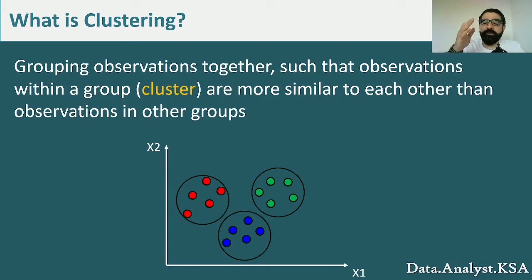So if you remember, in a classification problem, we started with the classes of the training data, and then we try to predict the class of a new observation. So that was classification. In clustering, we start with covariate patterns, so values for the independent variables without an outcome variable of interest, and we try to distribute these into groups.